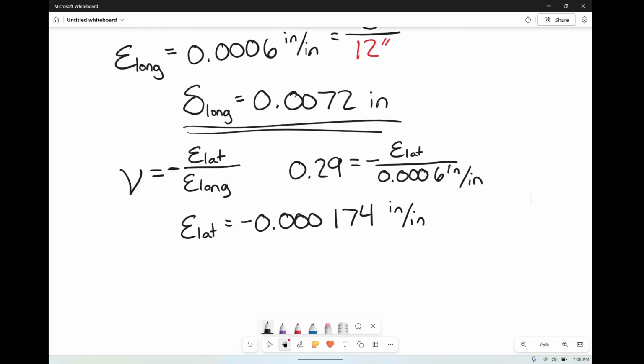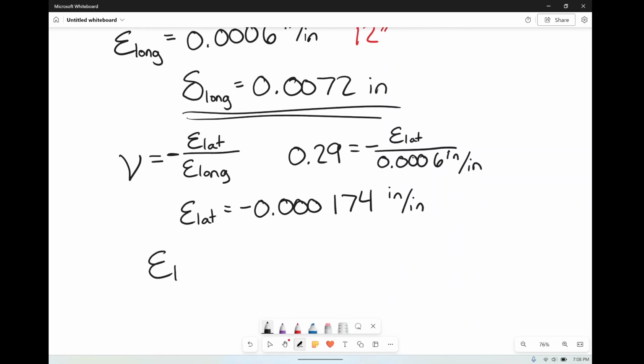Now again, remember that strain is very simply, latitude or longitude doesn't actually matter, the deformation over the original length, right? The change in the cross-section, the change in length, the change in it could be diameter. It's the change in the directional thing over the original directional thing.